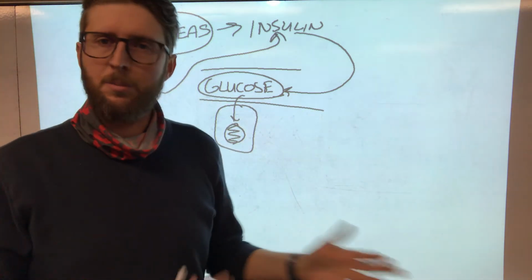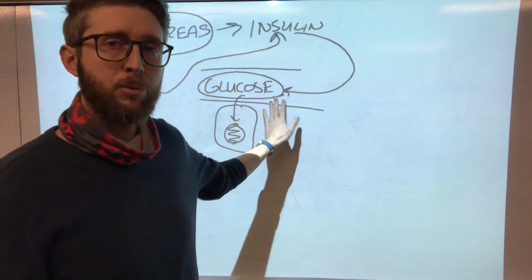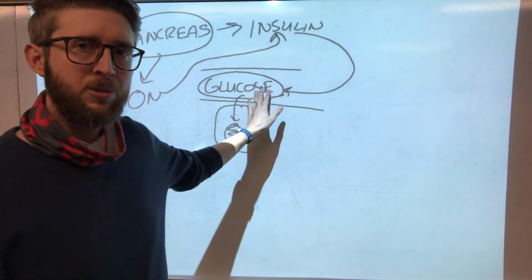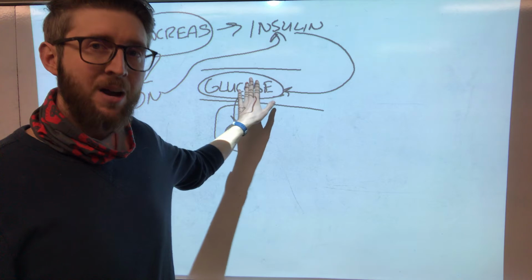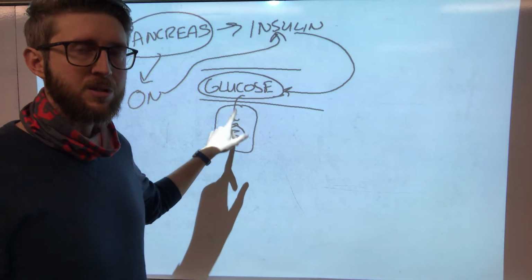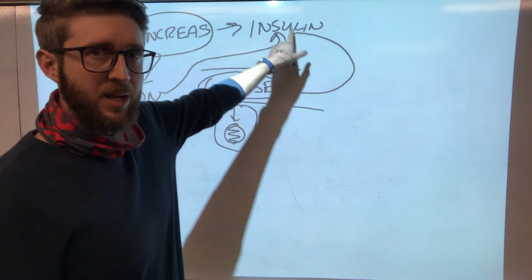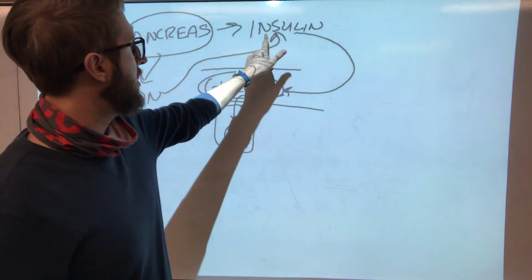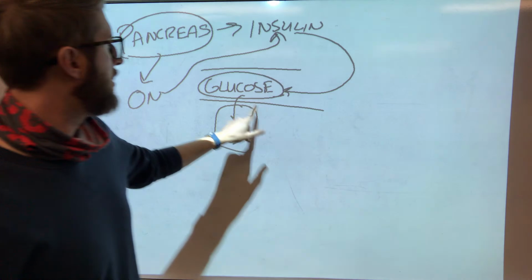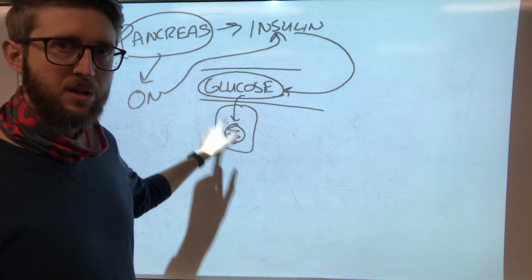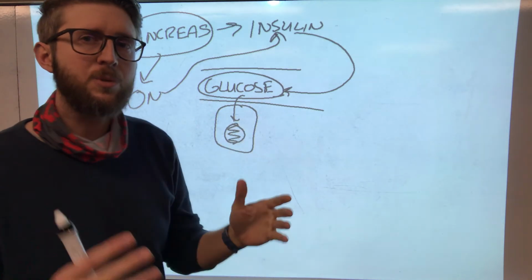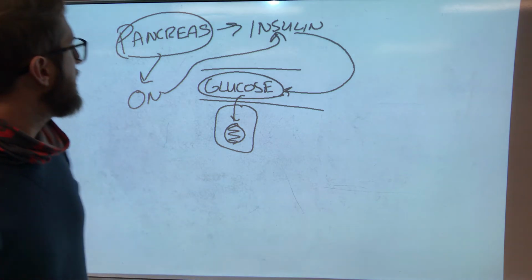It's not any good in the bloodstream. It's good to go from point A to B, but when the glucose gets to where it needs to go, it needs to be able to hop out of the bloodstream and into the cell. What makes it able to do that is insulin. If you don't have insulin, the glucose can't go into the cell, it stays in the bloodstream, and it doesn't really do any good.